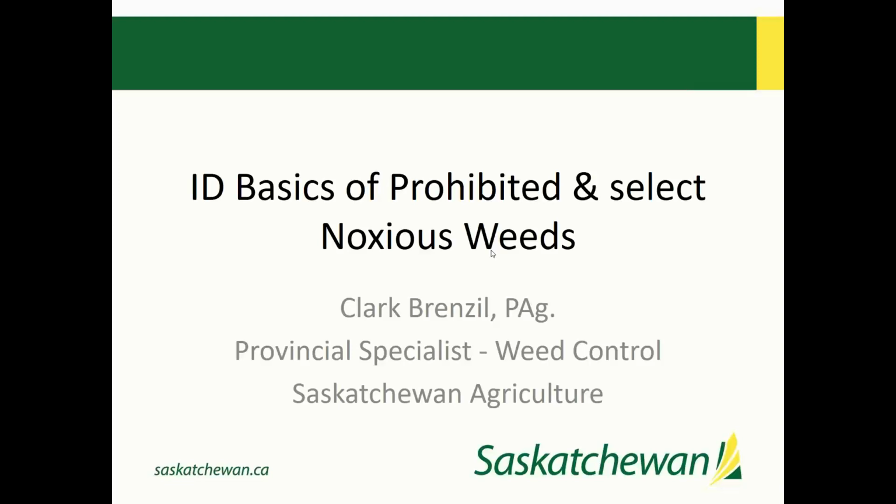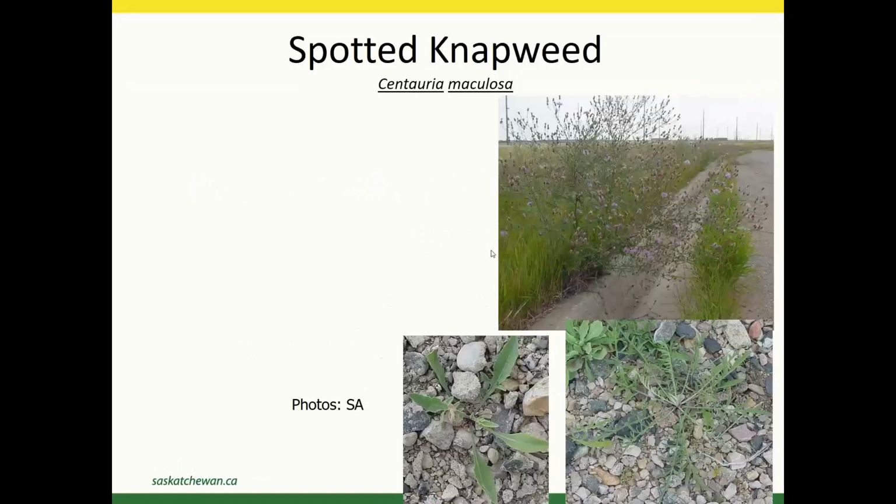So we'll start out with prohibited weeds, and the first one we'll talk about is spotted knapweed. Spotted knapweed is kind of an odd plant the way it works. It's a taproot perennial plant. It doesn't have any creeping roots to it. The taproot can go down 10, 12, 15 feet, something like that, to be able to access moisture deep in the soil.